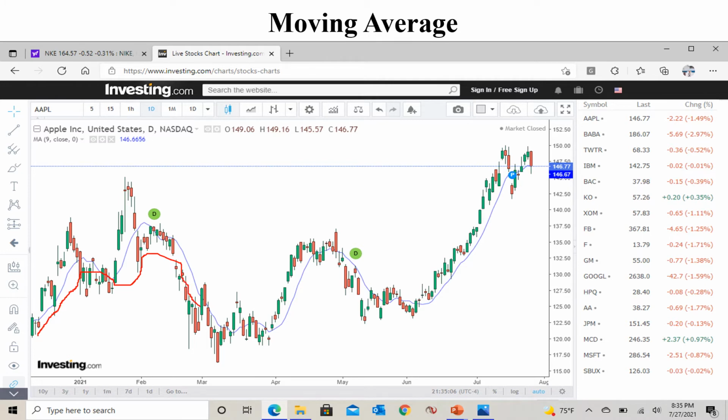It takes the closing price of a particular amount of days, be it 10, 20, 50, some people use 100-day, even a 200-day moving average. This shows you the closing price of, say, the last 200 days for this particular stock. And this is called an overlaying indicator because it's overlaying your chart.